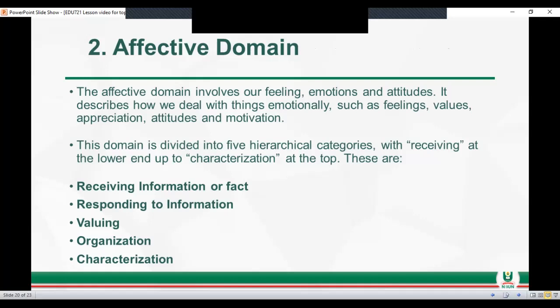These are the categories: receiving information or fact, responding to information, valuing, organization, characterization. Let me quickly summarize what they are saying. Receiving information or fact involves passively paying attention, being aware of information being passed to you.